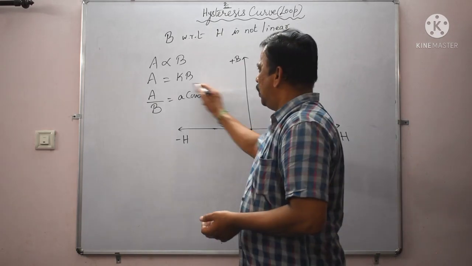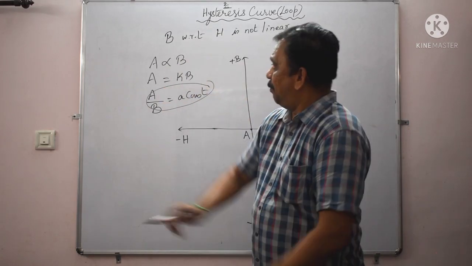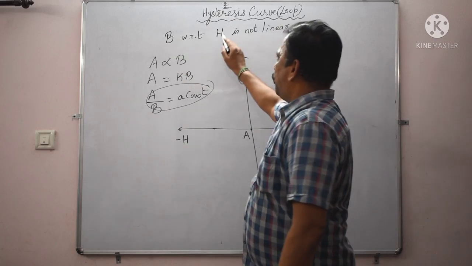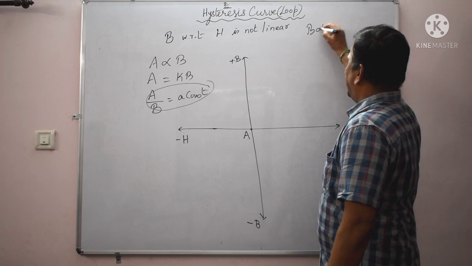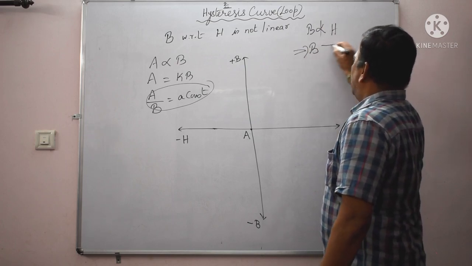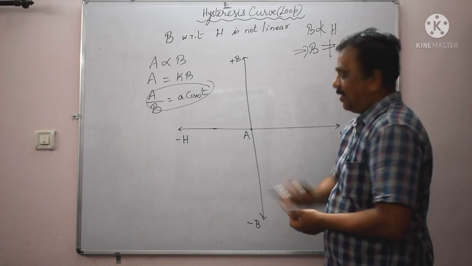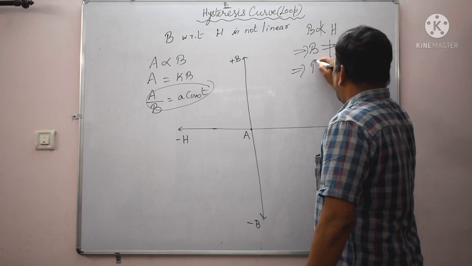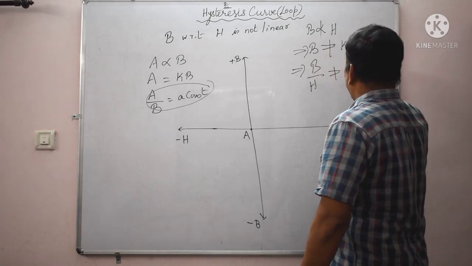This is true only when A and B are proportional to each other. But B is not proportional to H. This implies B will not be equal to a constant times H, which implies B by H will not be a constant.